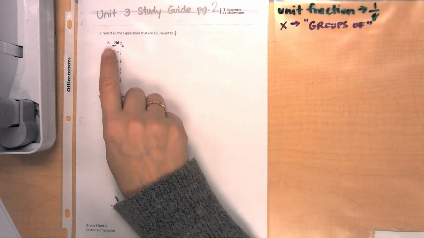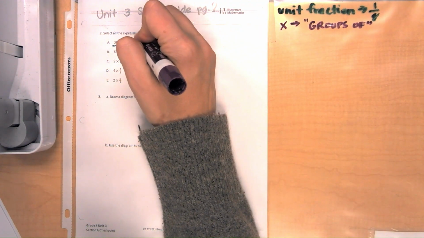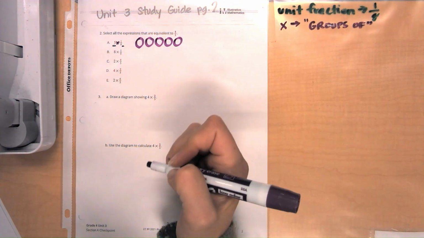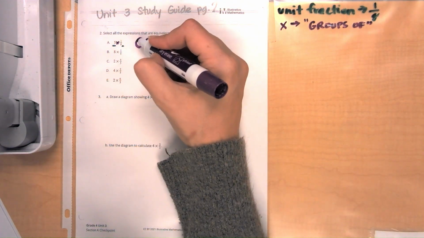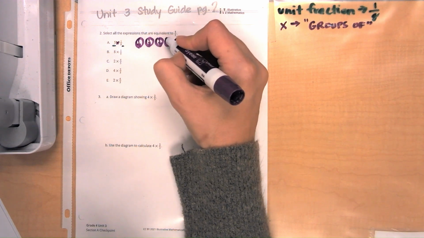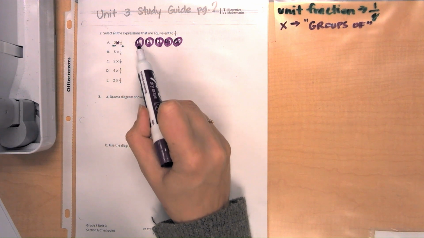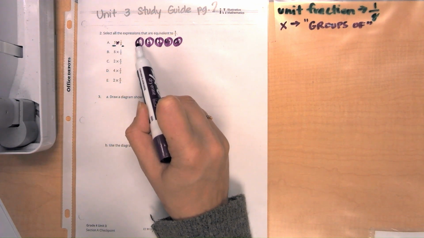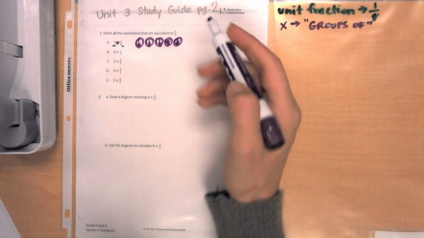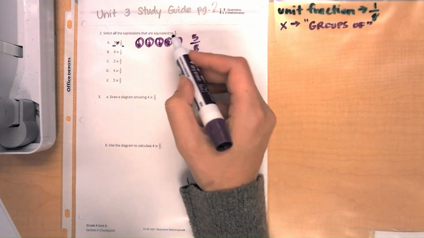So when I say 5 groups of 1/8, I am literally going to make 1, 2, 3, 4, 5 groups, and I'm going to put 1/8 in each group. It's really hard to write this small. 1/8. So I have, and now I'm just going to count them up. 1/8, 2/8, 3/8, 4/8, 5/8. 5 groups of 1/8 equals 5/8.